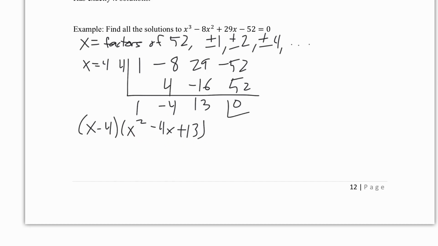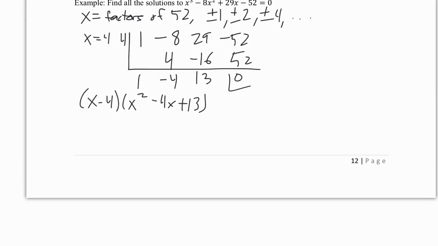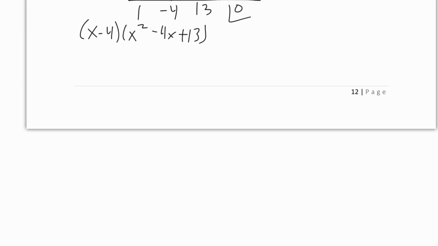Now I need to take this and figure out what this factors as, or in other words, where does this thing equal 0? And to do that, we can now use the quadratic formula. So if you have a degree 3, you have to do something first, some kind of common factor or synthetic division. But once you get down to degree 2, you can always use the quadratic formula. So let's go ahead and give that a whirl.